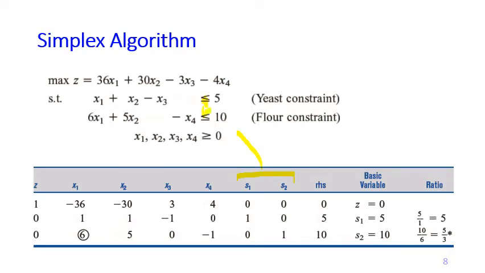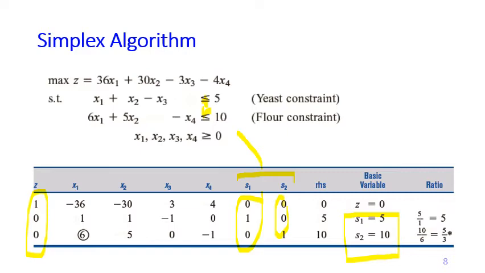So in this table, you see that we have a BFS because the table is in canonical form: 1, 0, 0, 0, 1, 0, and 0, 0, 1. We have basic variables which are all positive. So this is a BFS. For the maximization problem, this table is not optimal because you can see in row 0, you still have variables with negative sign.